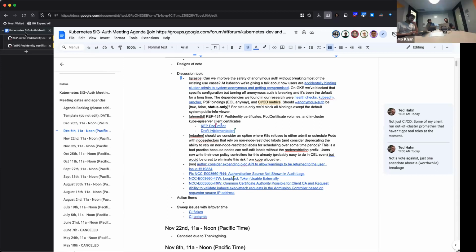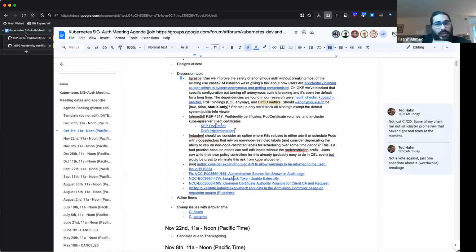I haven't read the KEP, but it is using the CSR API, right? The existing CSR API. Yes. As the mechanism. Okay. It's a new kubelet projected volume that when you put it into your pod, you can say what signer you want the certificate to be addressed to, and what key type you want.